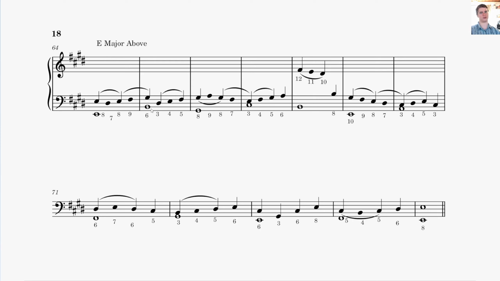That's because from that 6 you also go down to the third, further supporting that first inversion, and then you have some passing tones, the 4th and the 5. You could look at the 5 possibly as a passing tone if you're still thinking about this as implying that first inversion. Maybe it's just going through the 4 and the 5.